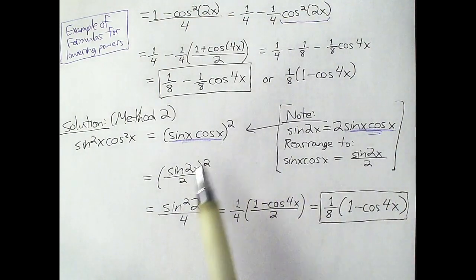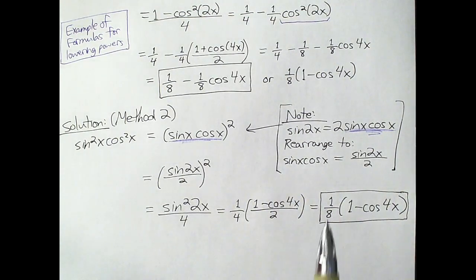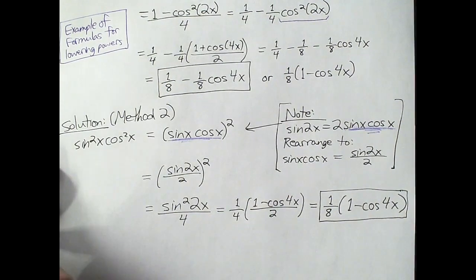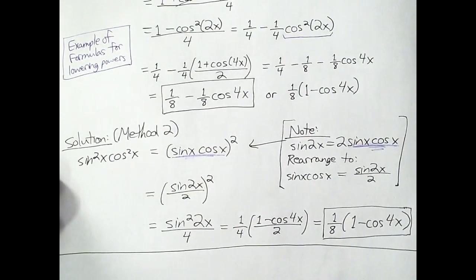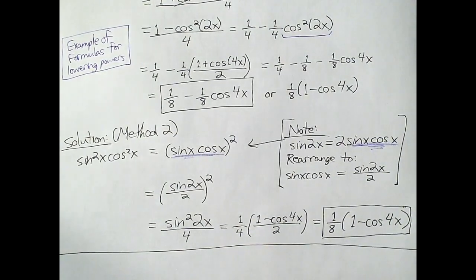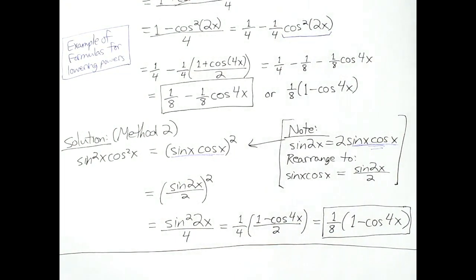But by putting that in, maybe you could say it feels like it saved us a step. But anyway, that's just to show you that in some of these trig identity problems, there could be more than one way to get to the correct answer. As long as you're showing your steps and justifying your answer, that's what matters.